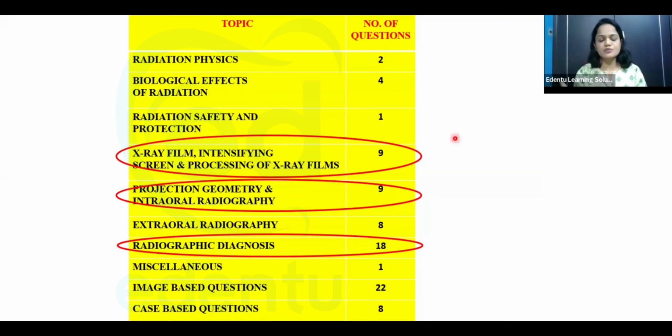That is the second most common topic, because many questions were asked from it also. Then the fourth topic will be the extraoral radiography. So these 4 topics you should focus on while studying oral radiology: first is radiographic diagnosis, then the X-ray film, intensifying screen and processing of X-ray films, then the projection geometry and intraoral radiography, then the extraoral radiography.